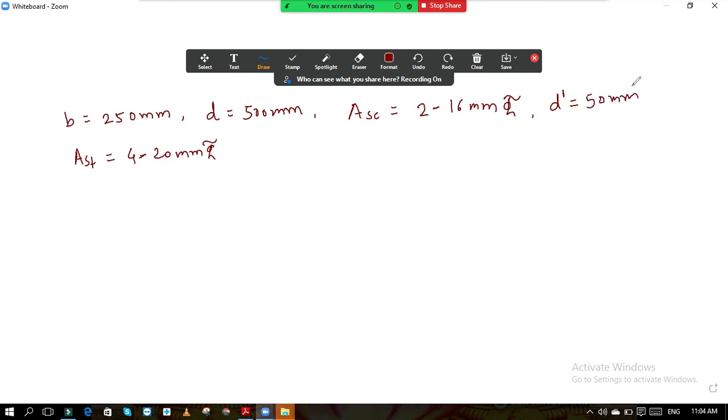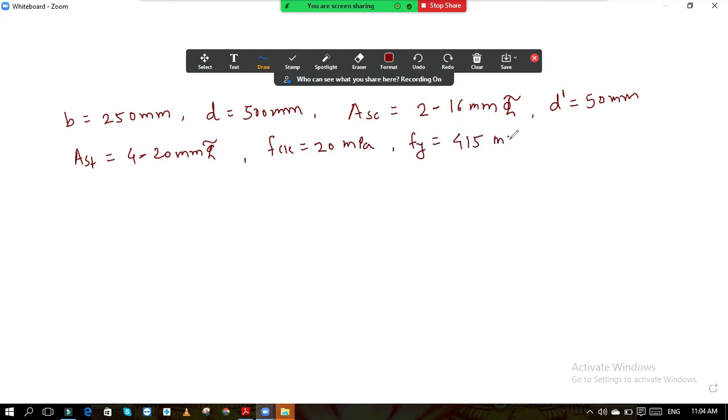Okay, and using M20 and Fe415. So M20 means FCK is 20, and Fe415 means the value of Fy is 415.